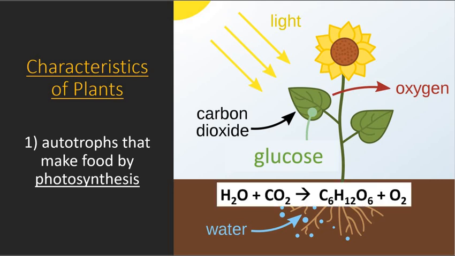And you end up with this as the overall unbalanced equation. Okay, water and carbon dioxide go in, sugar, glucose, and oxygen come out. The sugar is the food both for the plant and for us if we eat the plant or something that the plant makes.